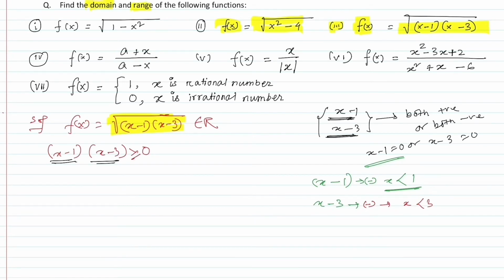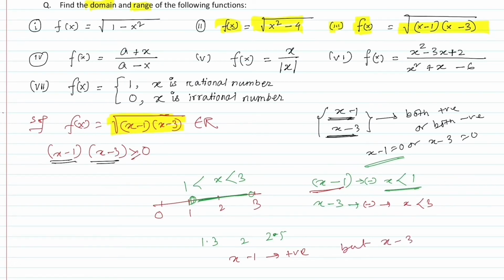Here you see, for the values between 1 and 3, for these values of x, if x is less than 3 and greater than 1, that means it may be 1 point something or 2 point something, for those values x minus 1 will be positive but x minus 3 will be negative.